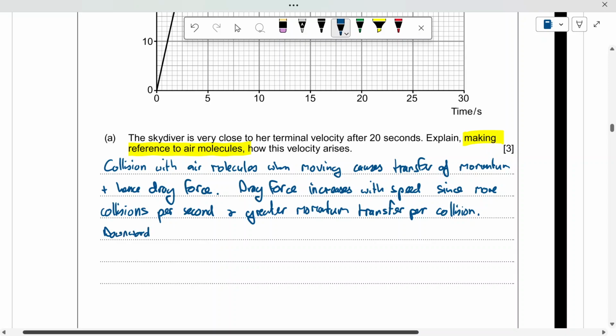So downward force is constant. That is simply the weight. But upward drag increases with speed.